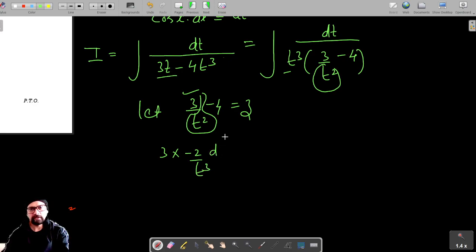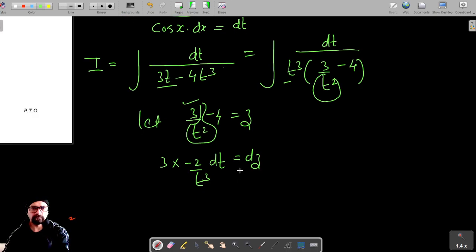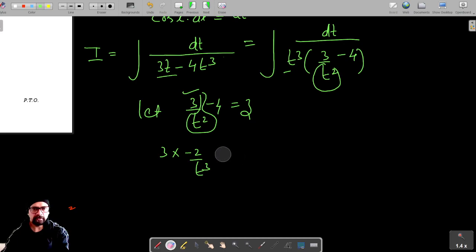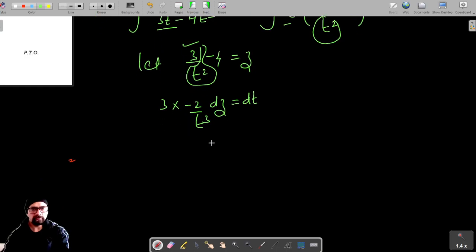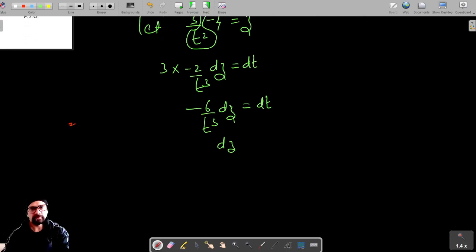So we are differentiating this with respect to t, and this is dz by dt. Differentiation of z is 1. So finally we have minus 6 upon t cube into dt is equal to dz, which gives us dt upon t cube is equal to minus dz by 6.